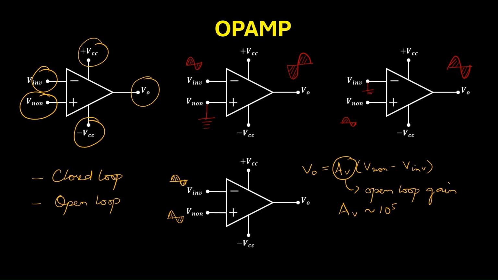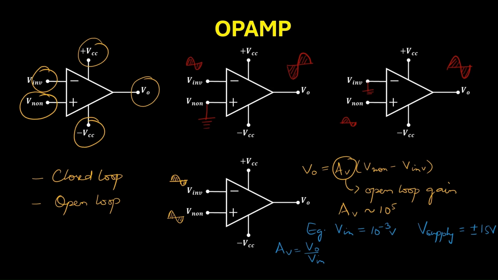So, let us take a simple example. Let's say V input is 10 to the power minus 3 volt, that is 1 millivolt. And let's say the power supply is plus minus 15 volt. Now, if I express the gain in terms of the output and input, then it will be V naught by V in.